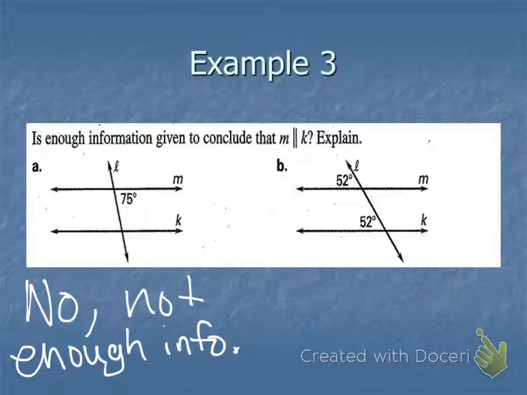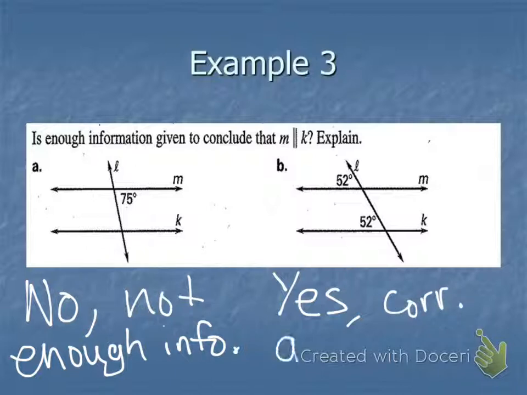What about Part B? Is there enough information to say that they're parallel now? I heard someone say, yes. Why? What did they tell us? They're the same numbers, and what type of angles are they? Corresponding. Good. So yes, because corresponding angles are congruent.